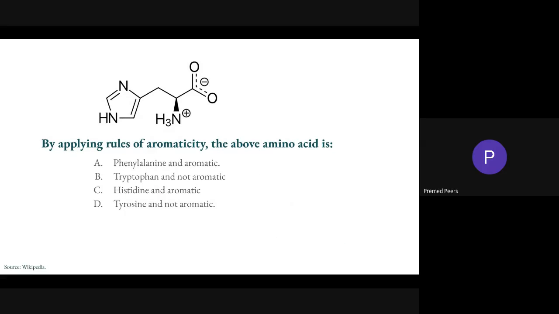Okay. So I gave you an example of what aromaticity means and how it applies. The next thing is, what is the structure above? What is the name of that amino acid? And secondly, whether it is aromatic at all or not. Again, I'm going to give you guys some time and just let me know when you are ready.